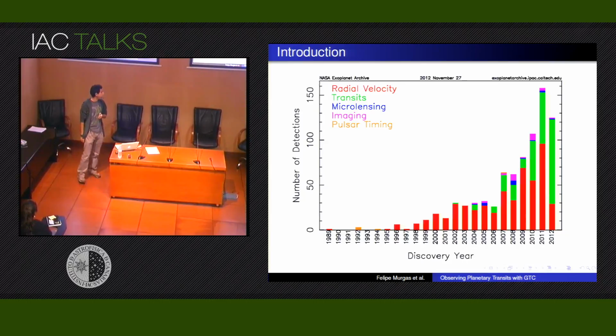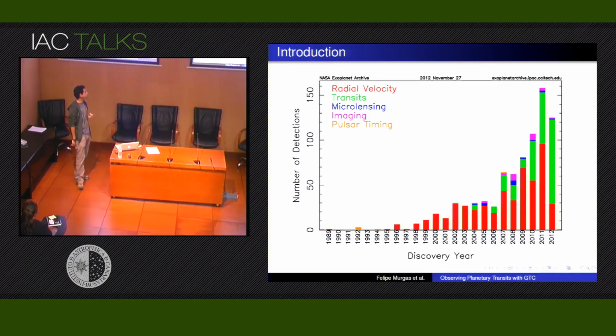But in 1995, the first planet orbiting a main sequence star was discovered, 51 Pegasi. So you can see that after 1995, everyone jumped in, trying to do their own search using radial velocities.